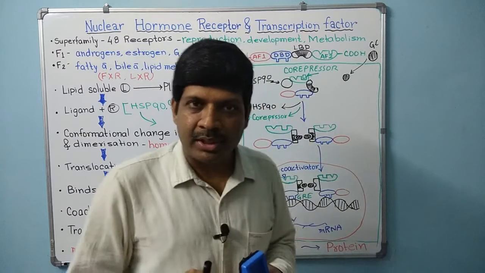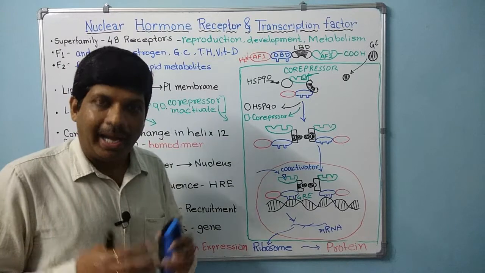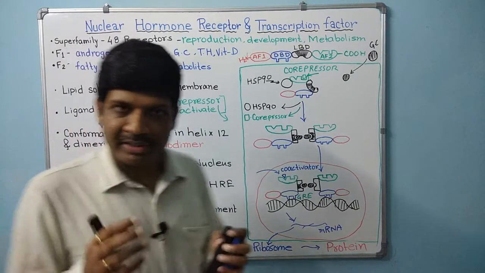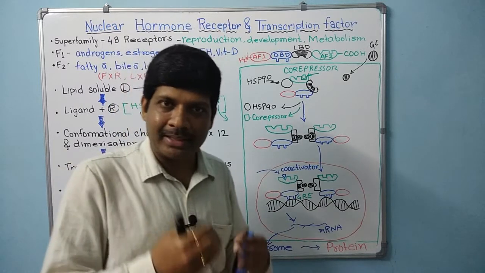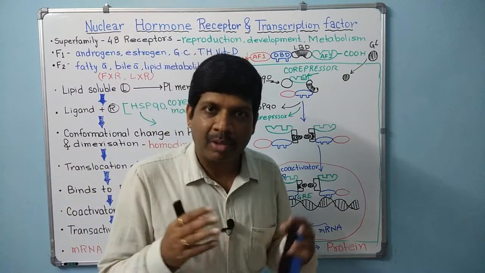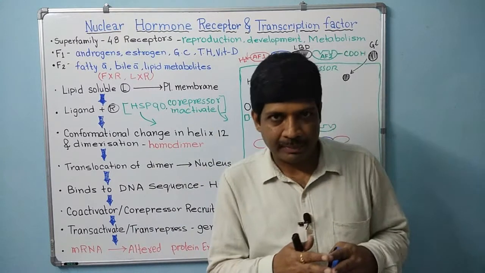So coming to today's topic, it is nuclear hormone receptor. Since this type of receptor is present in the cytoplasm, or inside the cell, it is also named intracellular receptor or cytoplasmic receptor.